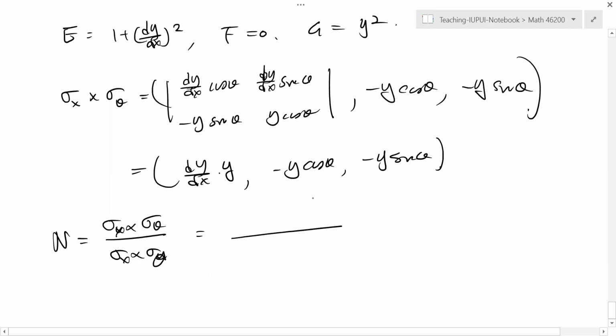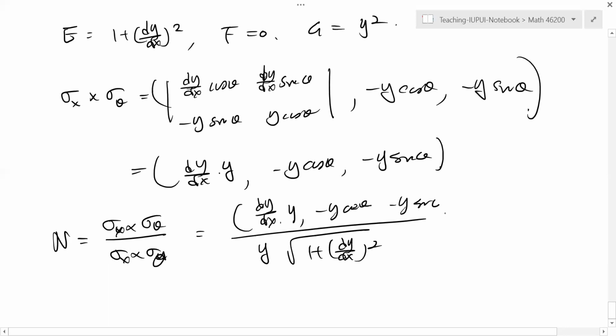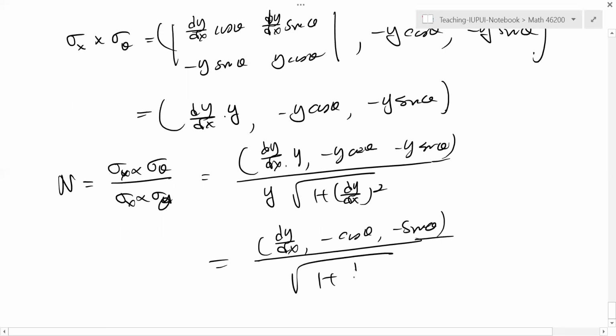The length of this is going to be y squared times 1 plus dy/dx squared. That's the length. Divided by, right? Not too bad. After you simplify, the y is gone. So you got dy/dx, negative cosine theta, negative sine theta, and here's the square root of the derivative. Okay, this is my normal vector.